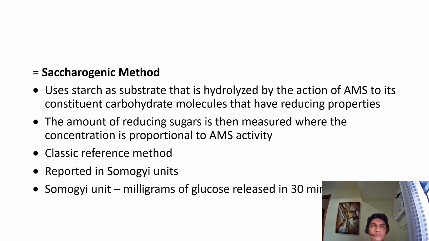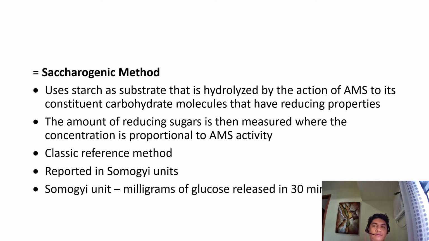So for the Saccharogenic method, we're measuring the amount of glucose produced from starch. So it's the conversion of starch to glucose. Glucose is a monosaccharide. Starch is a complex carbohydrate. So the function of amylase is to convert a complex carb to a monosaccharide. Okay, so that's for the Saccharogenic method.